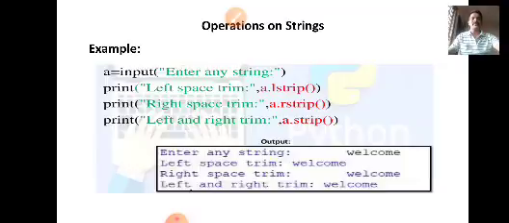I told you already that lstrip removes the blank spaces on the left side, rstrip removes the blank spaces on the right side, then strip removes blank spaces on both the left and right sides, which we call leading and trailing.